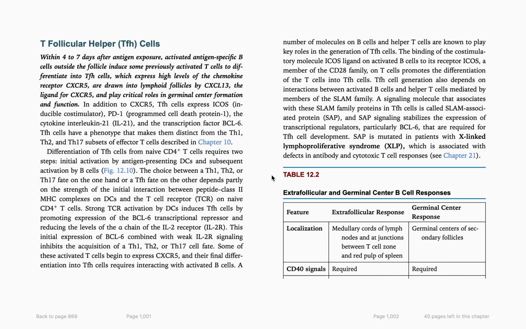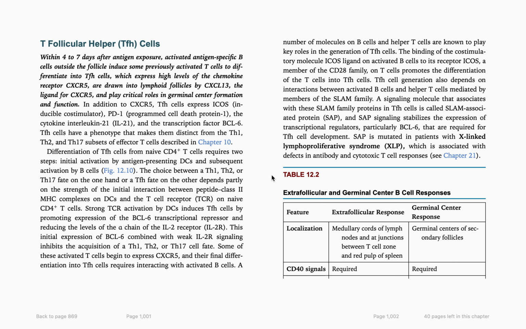A number of molecules on B cells and helper T cells are known to play a key role in generating T follicular cells. The binding of the costimulatory molecule ICOS ligand on activated B cells to its receptor ICOS, a member of the CD28 family on T cells, promotes the differentiation of the T cell into T follicular cells.